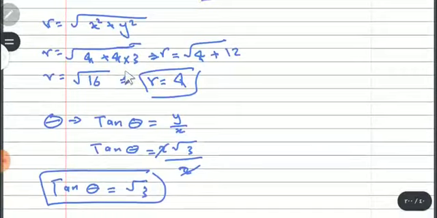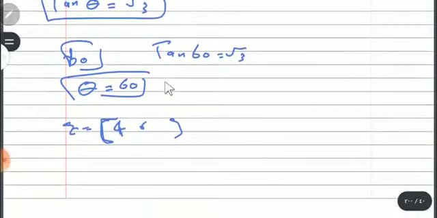Now, z as a complex number in polar form equals: this is r, the length, which I found to be 4, and the argument theta, 60, which is pi over 3, the same thing. 60 degrees or pi over 3, they are the same thing.